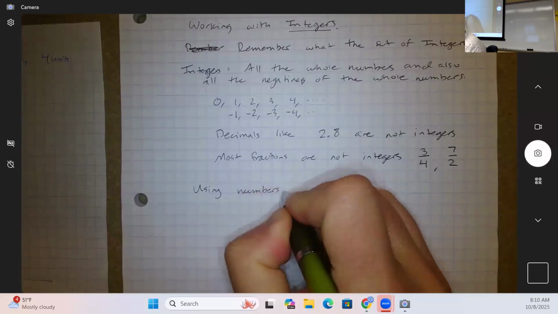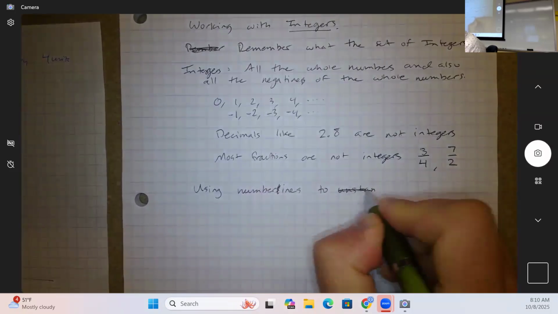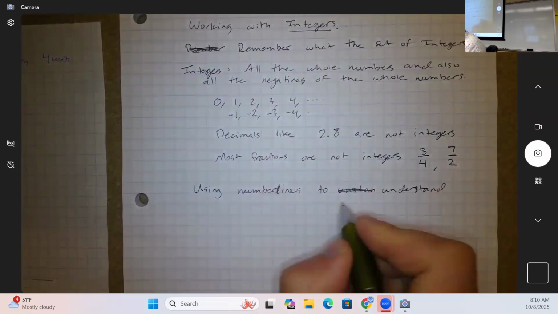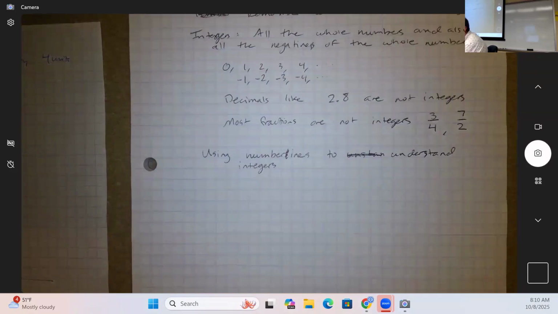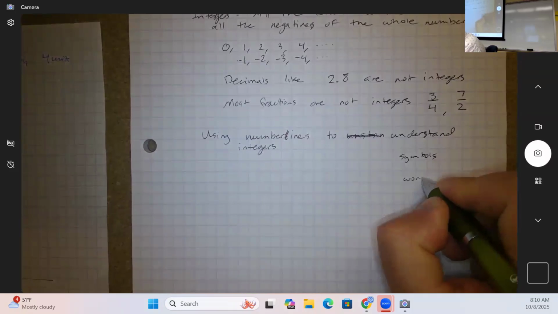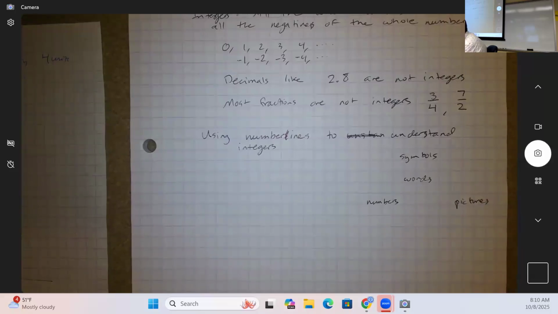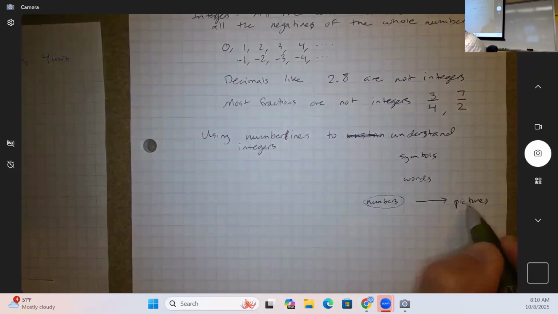I think that using a number line is the best way. Oops, my spelling is not so good today. Using number lines to understand integers is a great idea. This comes back to our different representations of mathematical ideas. Integers, these are numbers here. And the number line is a way to visualize what the integers are.